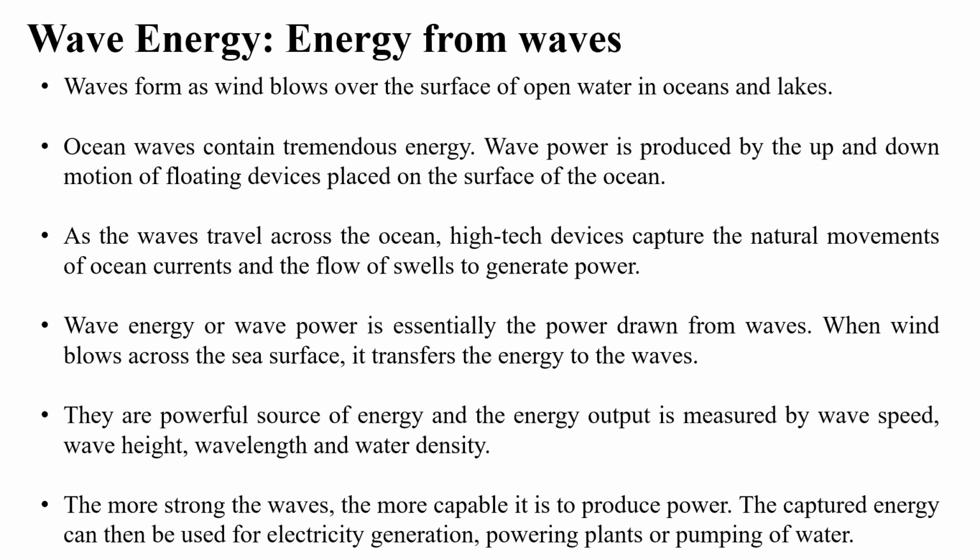The strength of the wave depends upon wave height, wave speed, wavelength, and water density. All this will determine the amount of waves produced in a particular ocean. More powerful waves are capable of producing more power. The captured energy can be used for electrical power generation and also for pumping water.